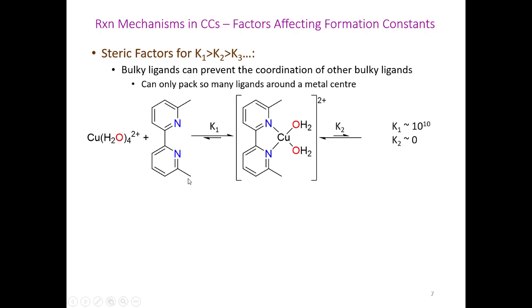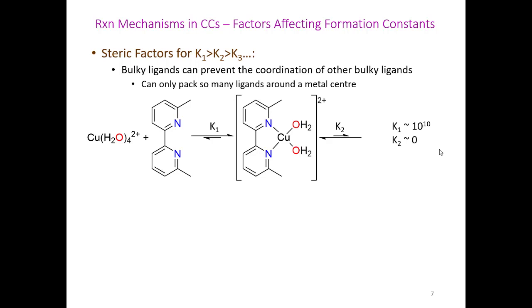So if you look at the K1, so the first stepwise formation constant, it readily replaces two aqua ligands, and you can generate this bipyridine variant with cis aqua ligands on copper. However, if you try to do the second ligand substitution, the stepwise formation constant is about 0. So the reaction doesn't actually occur. So why would that be? So one hint, it has to do with steric reasons.